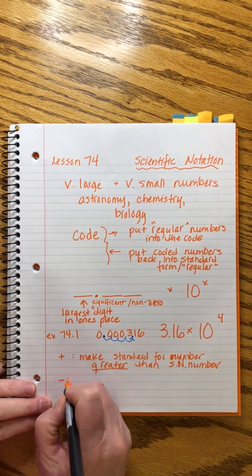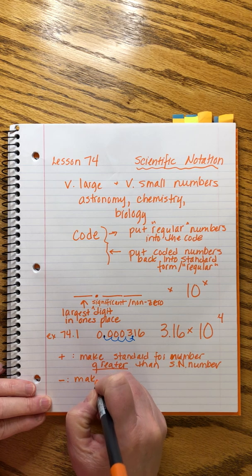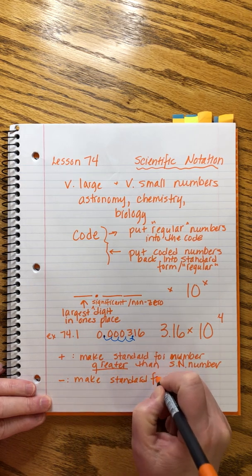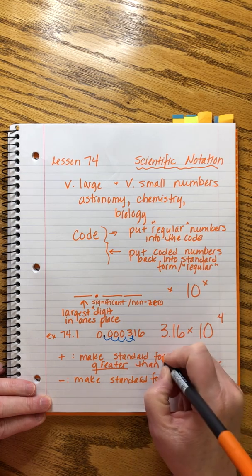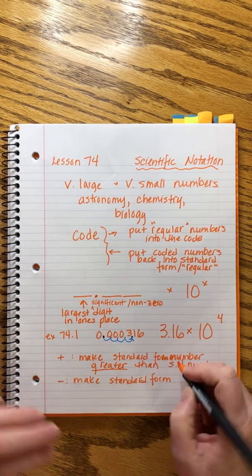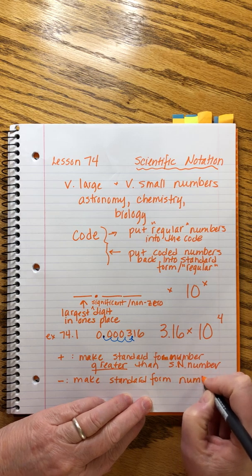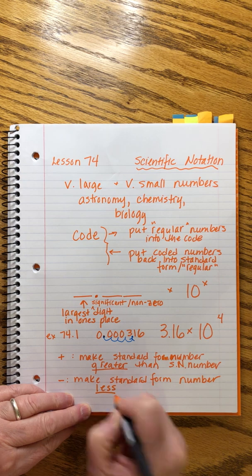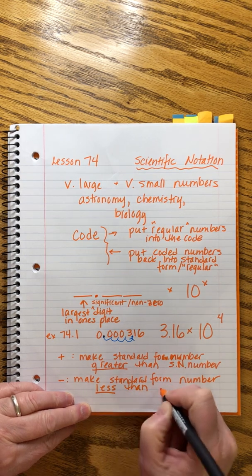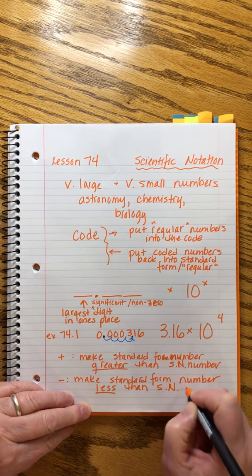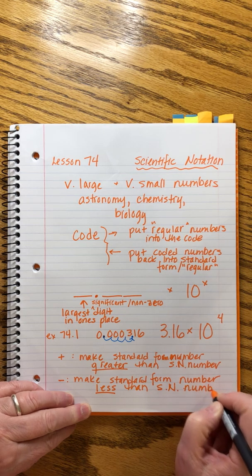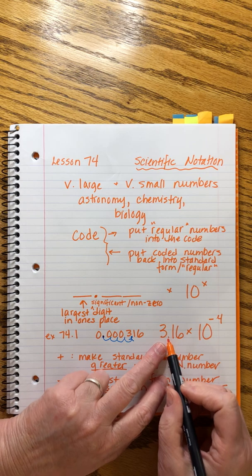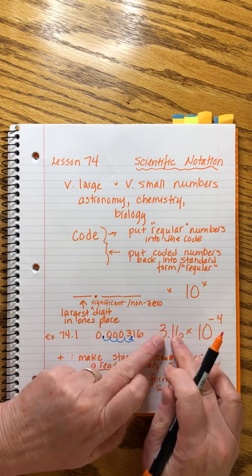So the minus sign tells us make the standard form number less than the scientific notation number. Okay, so we want a minus sign here because that tells us, when we move the decimal, we want to make this smaller, lesser.